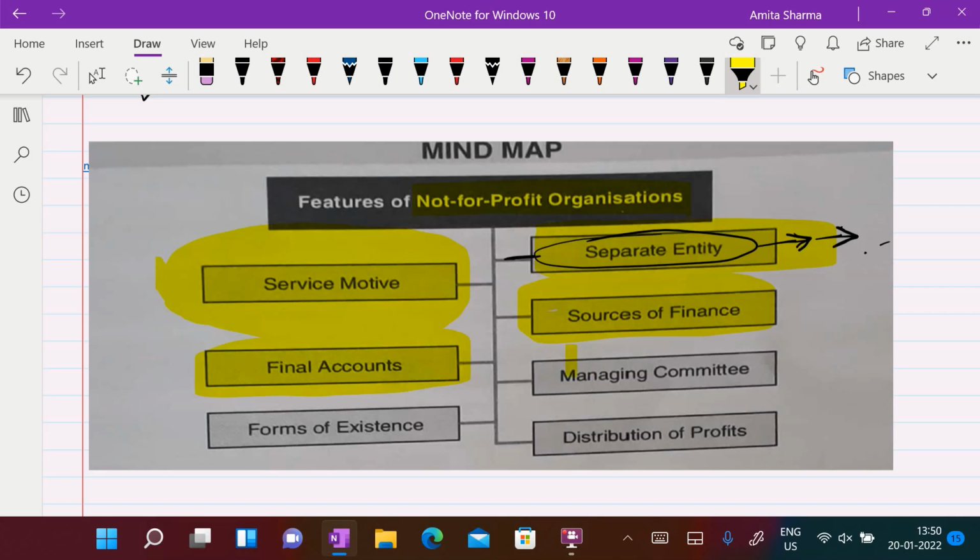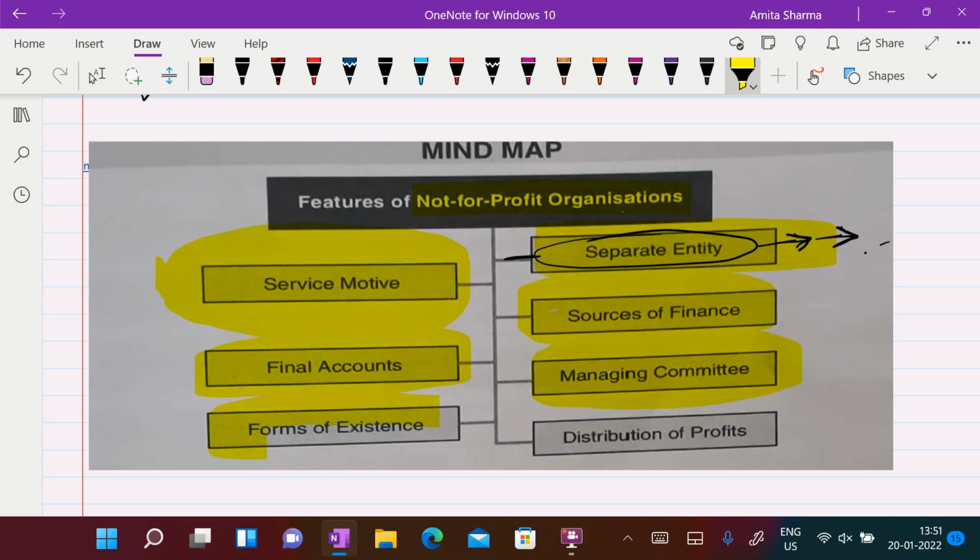Managing committee. They are managed by the trustees, dear students. The main aim of not-for-profit organization is not to earn profit but to serve the society. So the managing committee is trustee members of that not-for-profit organization.